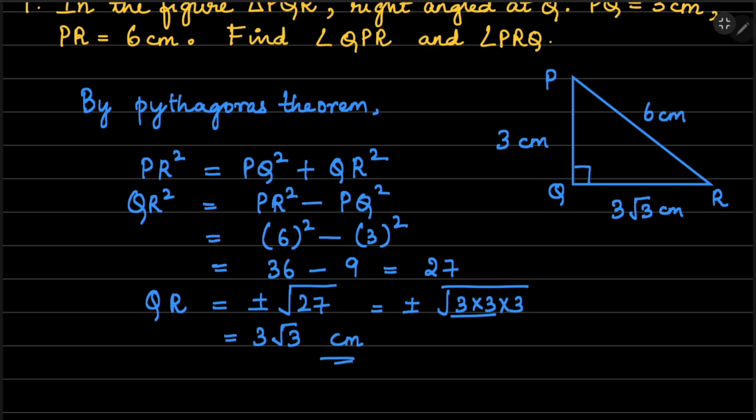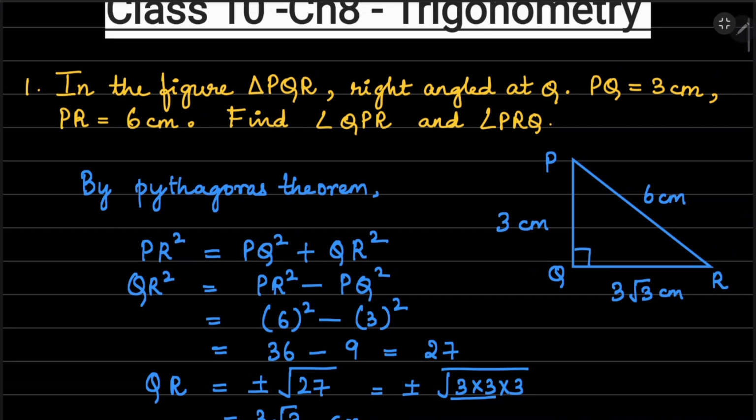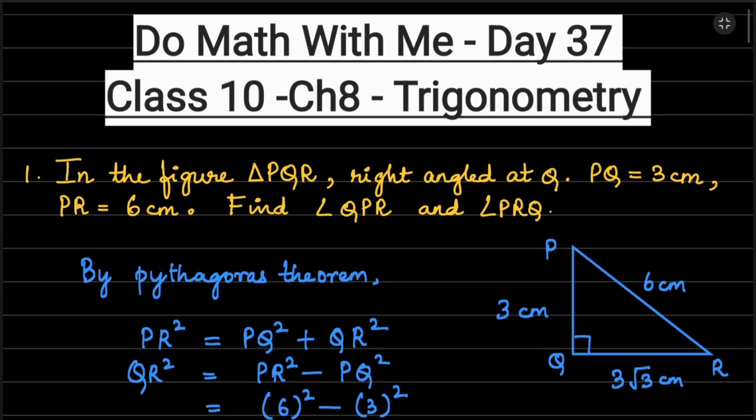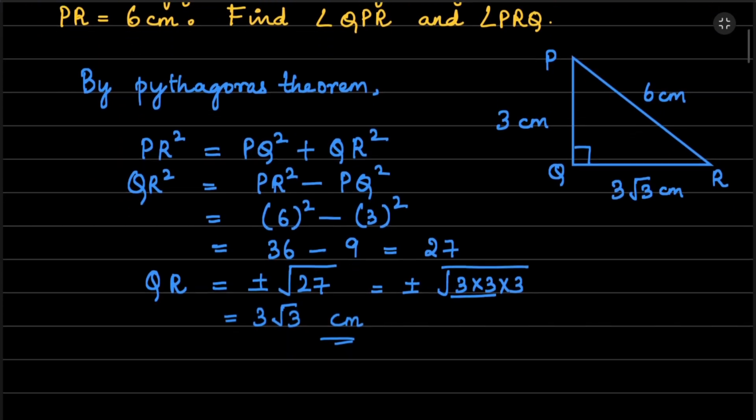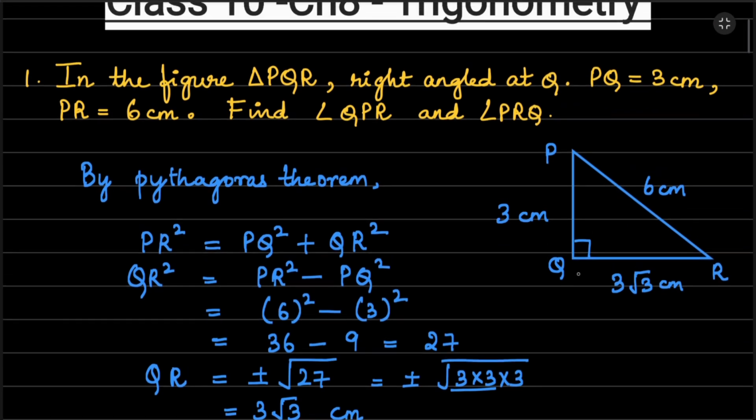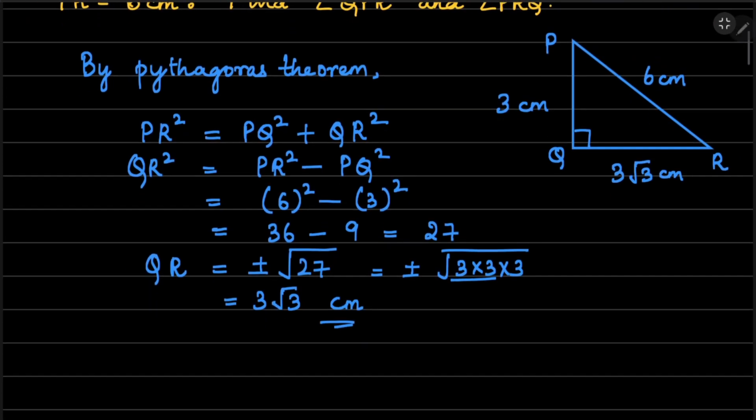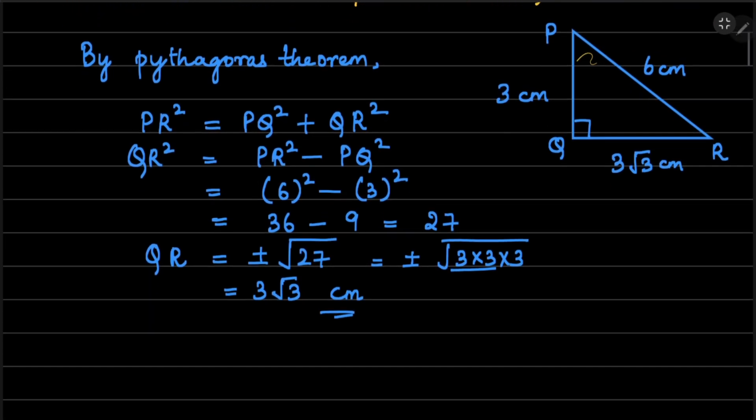Now that you have got all the 3 lengths of the sides of triangle PQR, now you can easily calculate the first angle, that is QPR. If the angle is at P, then which is your perpendicular? Your QR is your perpendicular. This is always your hypotenuse and this is your base, right?